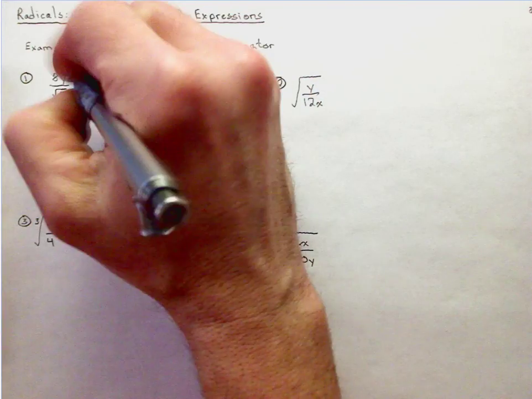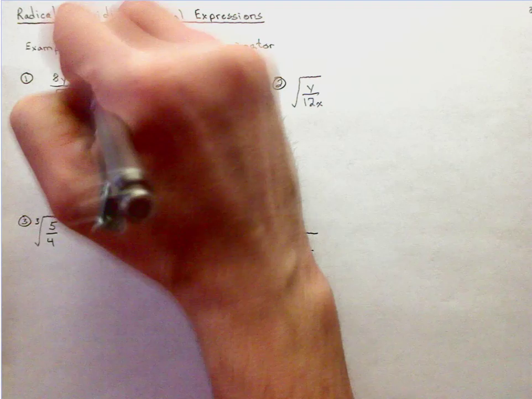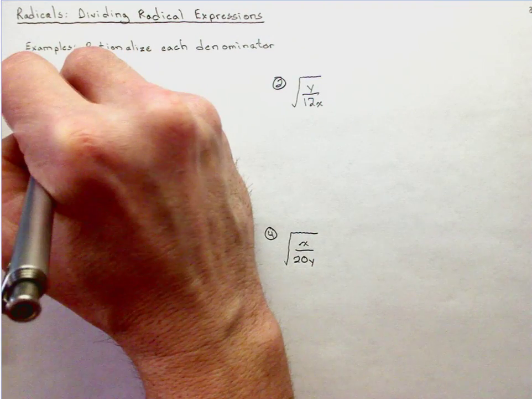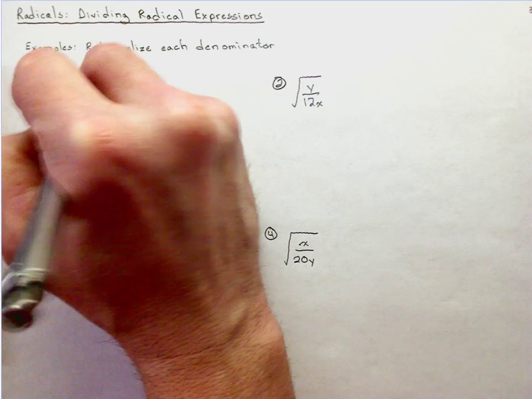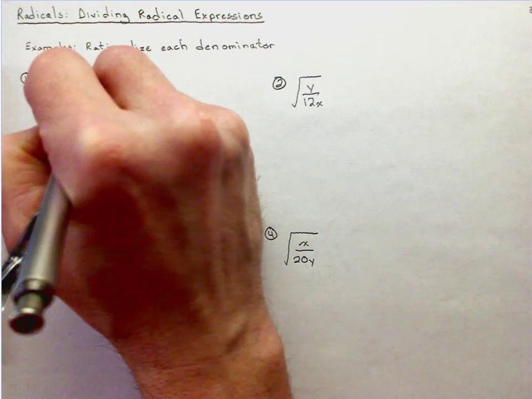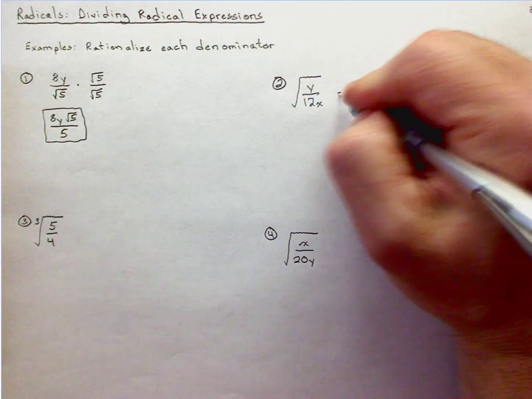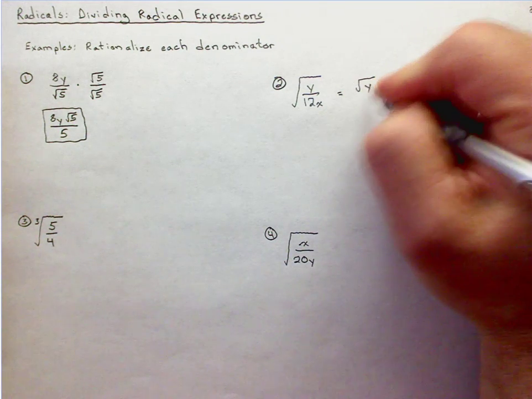Okay, so for this one here, I'm going to multiply both numerator and denominator by the square root of 5. I end up with 8 square root of 5 over 5. I cannot simplify any more than that. Next one I will rewrite to help me visualize.